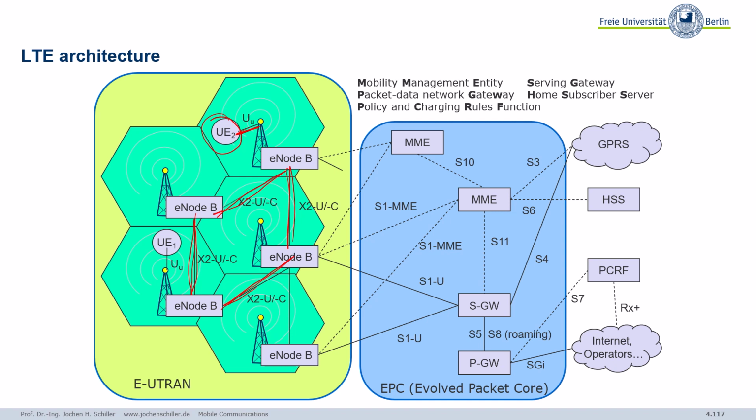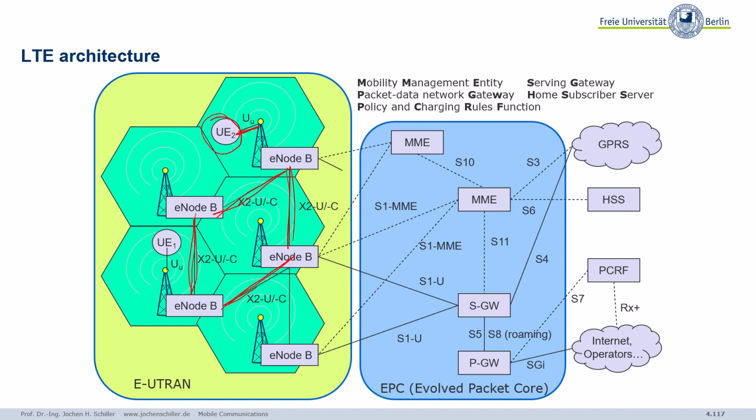So there's no splitting and merging of the streams. It's not a CDMA technology here any longer. So we have a mesh, with connections between the E-Node Bs. They all have names like X2, user and control, but that's not that important. So the UTRAN network looks different, not this tree, more this meshed network.